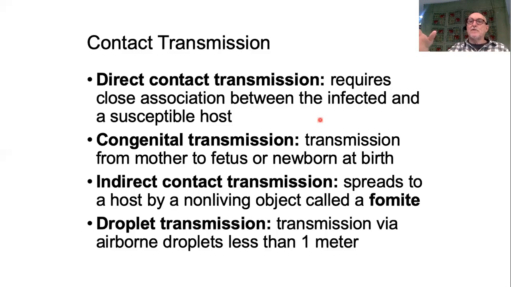That gives you 2 meters, which is about 6 feet apart. In fact, we know that droplets may survive for more than that. They may actually be kept suspended in the air for a long time and drift further than a meter. But your major risk would be when you're relatively close to another person.